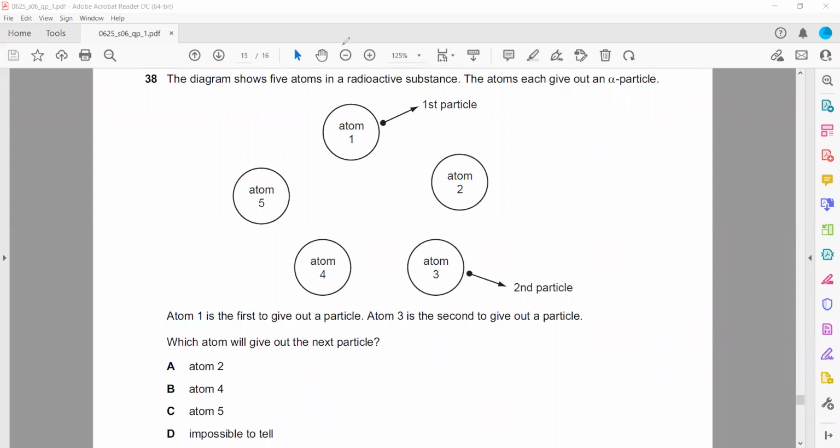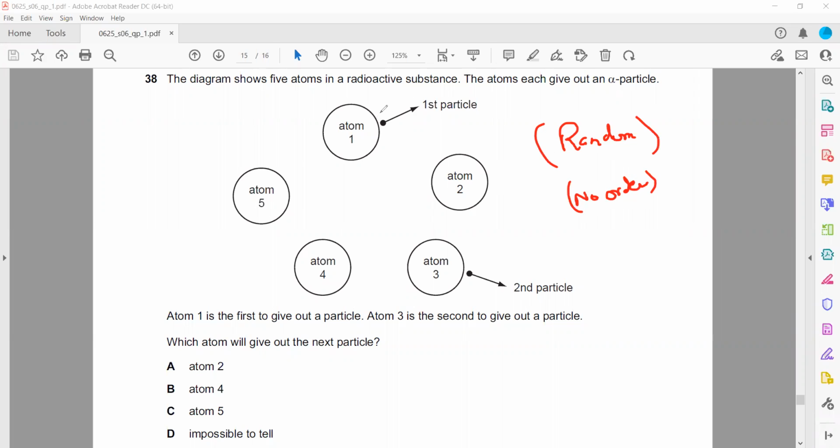The diagram shows 5 atoms which are radioactive. The atoms give out alpha particles. First atom 1 has decayed and then atom 3. Which atom will give out the next particle? Radioactivity is a random process. Random means there is no order, or we cannot predict.